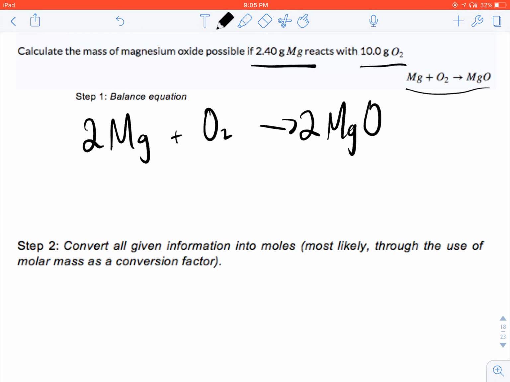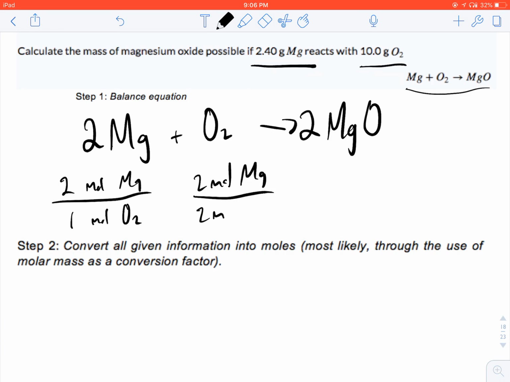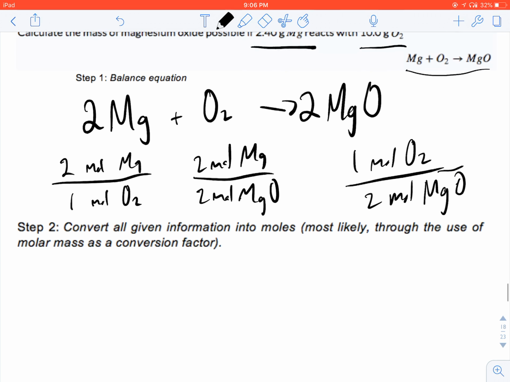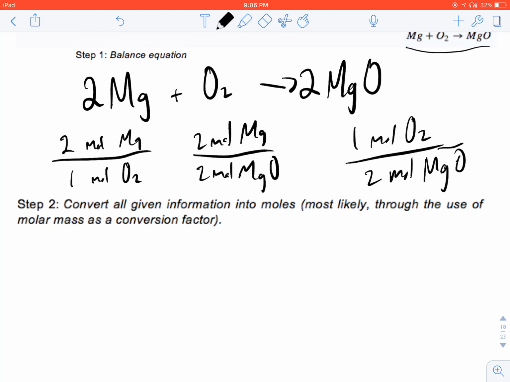So let's just do those really quickly. 2 moles of magnesium for 1 mole of oxygen gas, 2 moles Mg, 2 moles MgO, 1 mole oxygen gas, 2 moles magnesium oxide. Alrighty. Now we have our mole ratios. We're ready to get stoiched on this stoichiometry.